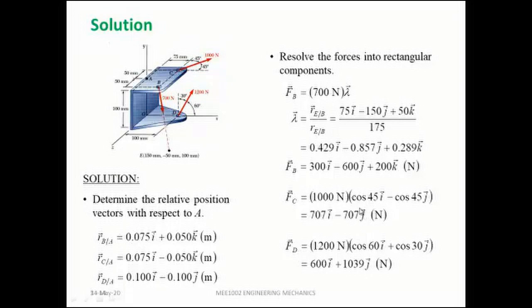The small mistake is a k vector for C. Since this is the z-axis, this component is in this direction, that is negative z, so it is k vector. If you see this is x direction, and this is y direction, so this should be k vector.